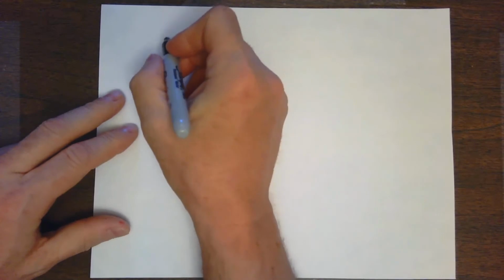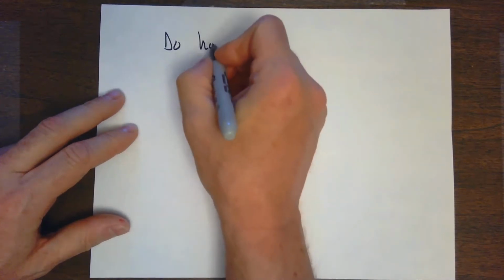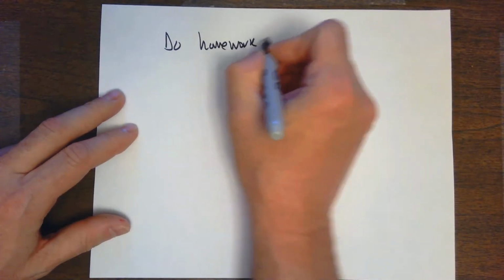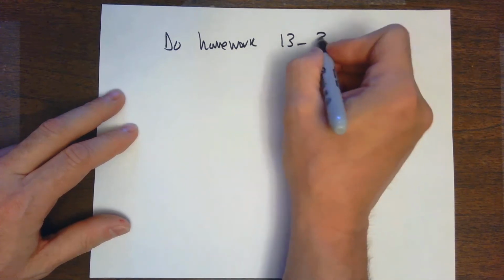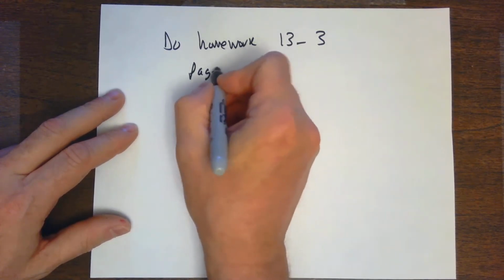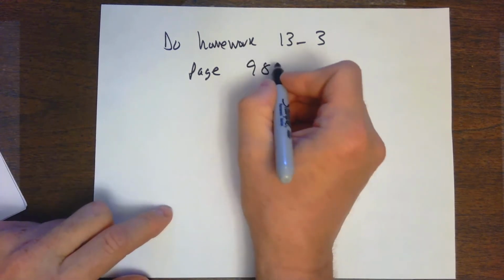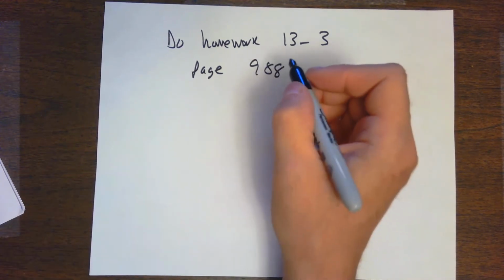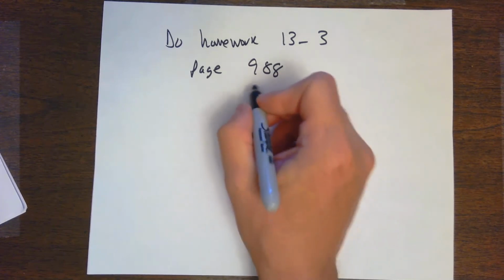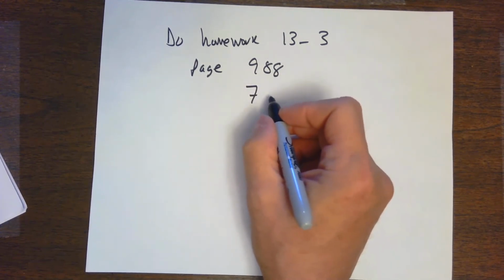So what I want you to do now is the homework. 13.3. It starts on page 988. I want you to do number 7, which is a fill in the blank.